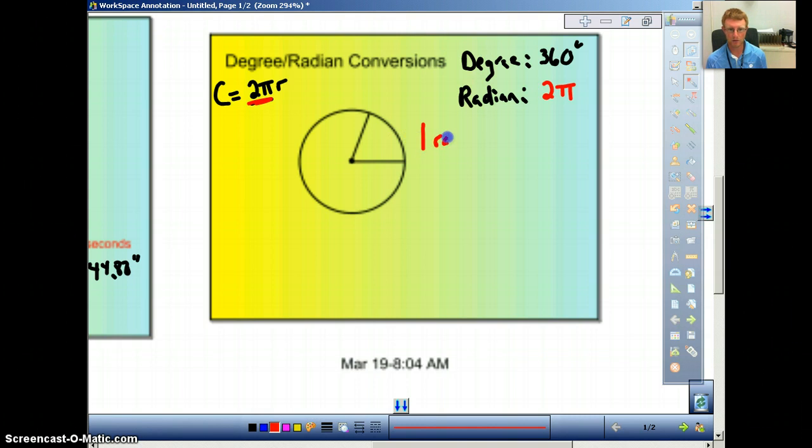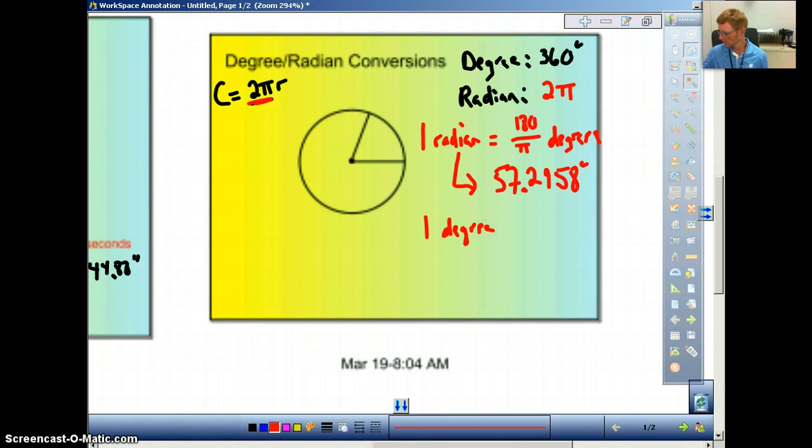If you have 1 radian, that is equal to 180 divided by pi degrees. And again, if you wanted that as a decimal, that comes out as 57.2958 degrees. And then if we wanted to know the conversion for 1 degree, that is equal to pi over 180.